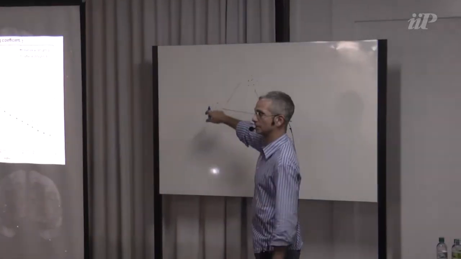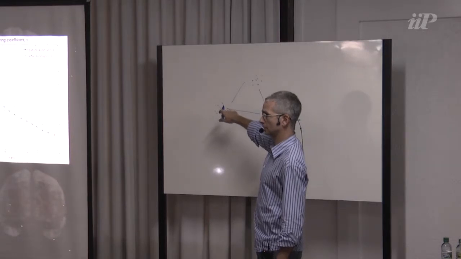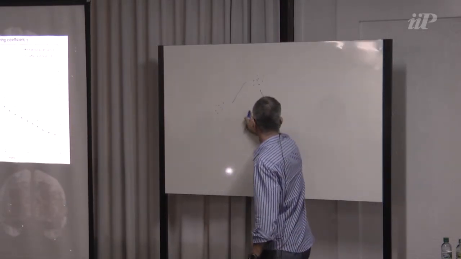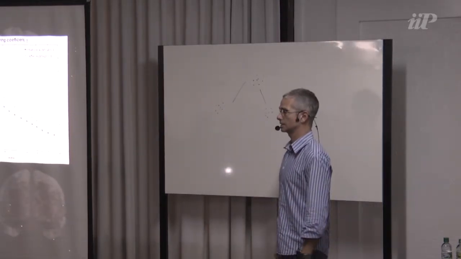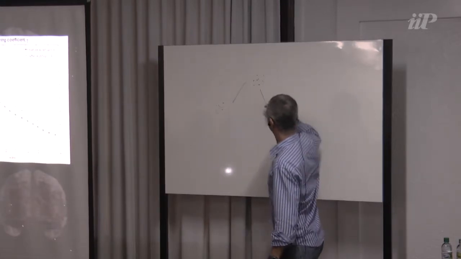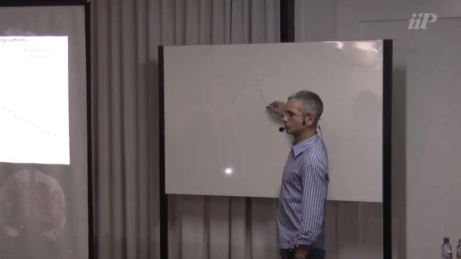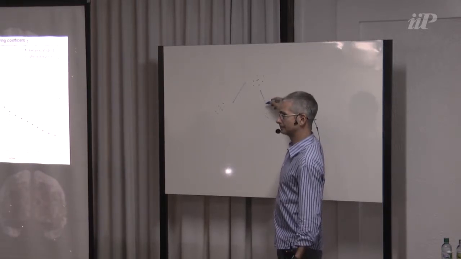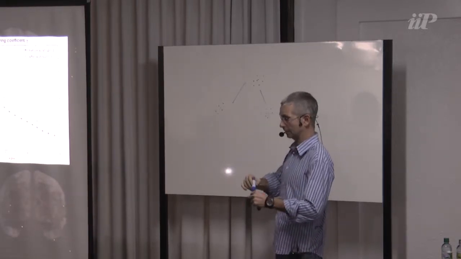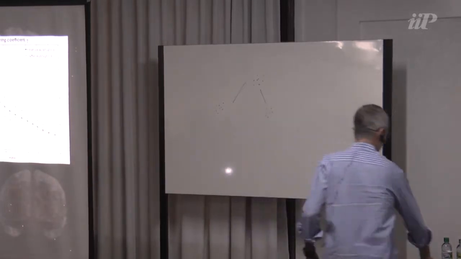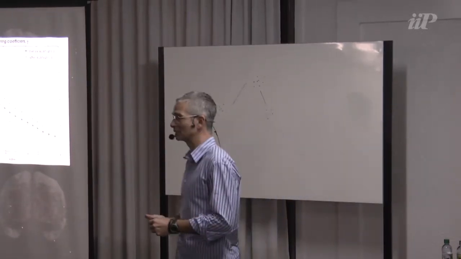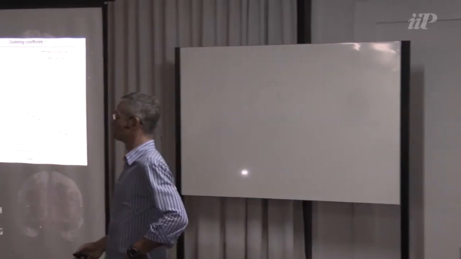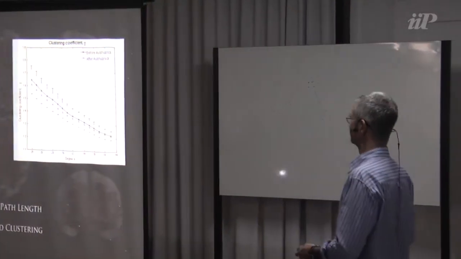So the path length is short, as compared to this, because now I have to go through this way without changing the clustering coefficients too much. So it makes sense, but I don't think we're quite there yet. No, there are different ways.